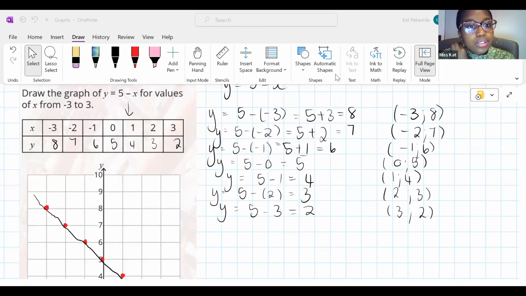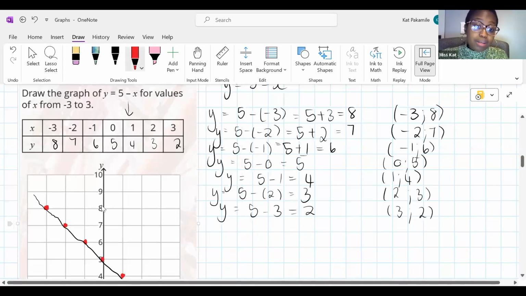All right. Fatima, what's your question? Ma'am, how much is this going to get in the exam? Like they give you the formula, the table, and the Cartesian plane all together. It could be around 10 marks.